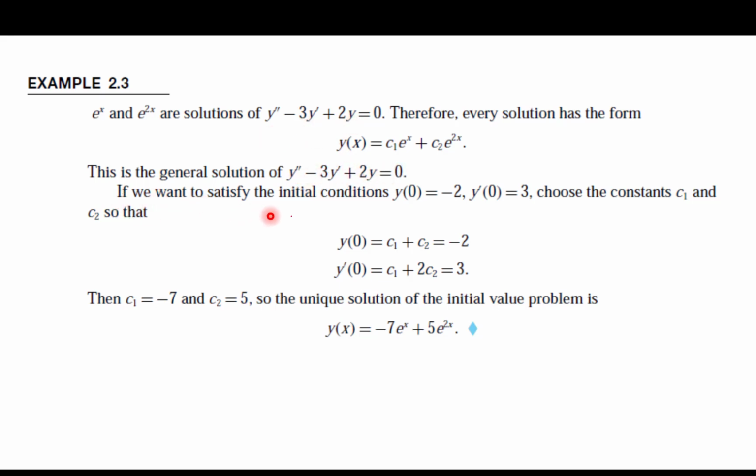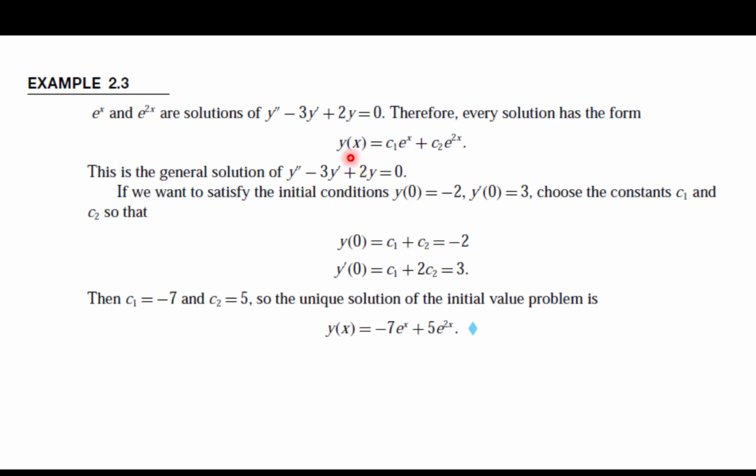If we want to satisfy the initial conditions, we assume that when x equal to 0, y is equal to minus 2, and also when x equal to 0, the derivative, or the slope, equals 3. Choose the constants C1 and C2 by back substitution in our equation.